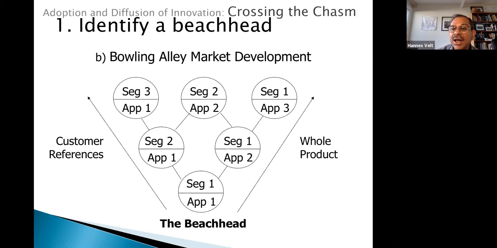Segway actually approached police officers as the beachhead, because police officers have this concept of community policing where they like to mingle with people in the neighborhood, either on foot or on bicycle. But then the Segway gave them some curiosity element, at least in the US, in cities like New York. When people saw a police officer on a Segway, they would come up and say, "Oh, hi, this is so cute.